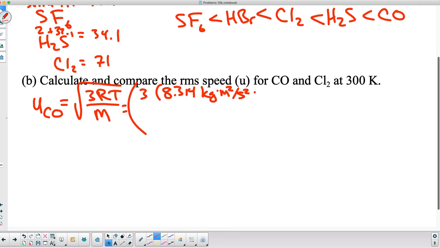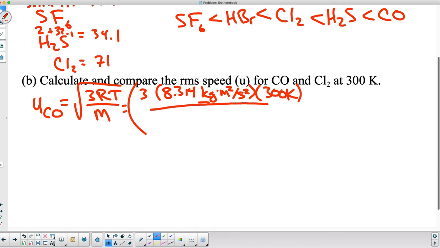And then notice that we have kilograms here, and that's going to be a problem later on. We're going to have to change something for this, and then we're going to multiply by, oh, and that's, of course, divided by mole. Let's just keep going here. Times 300 Kelvin, like that, because it gives us 300 Kelvin.